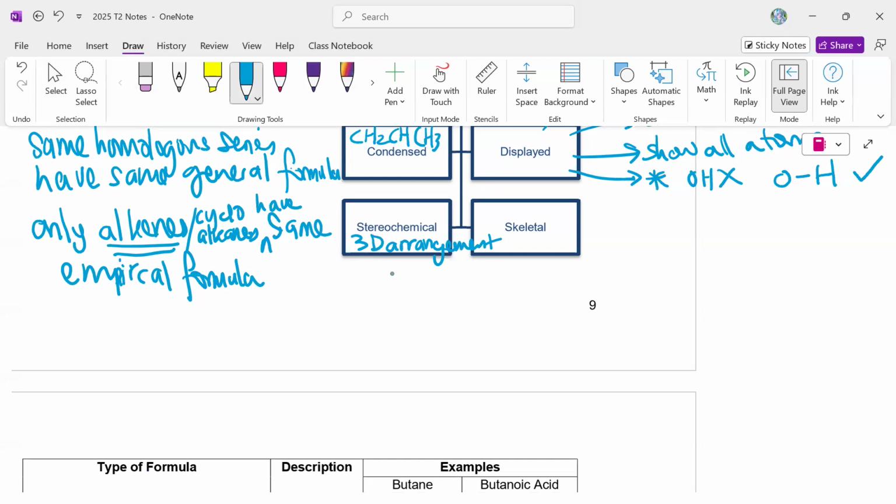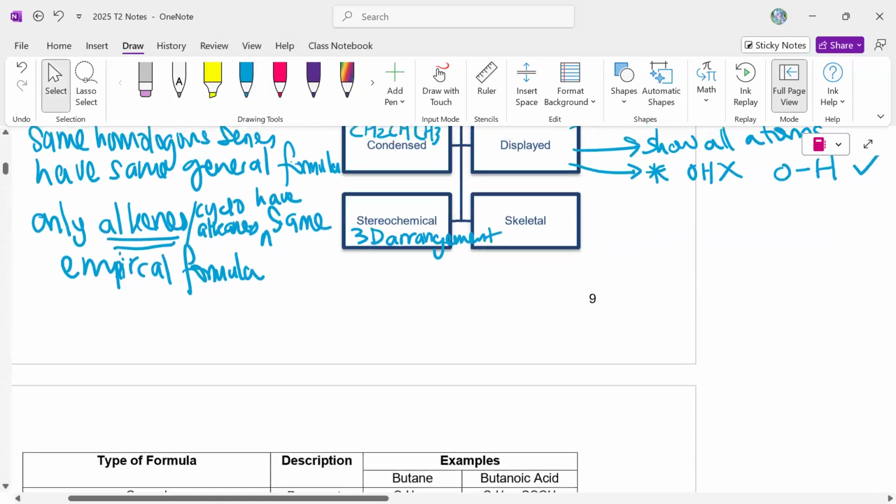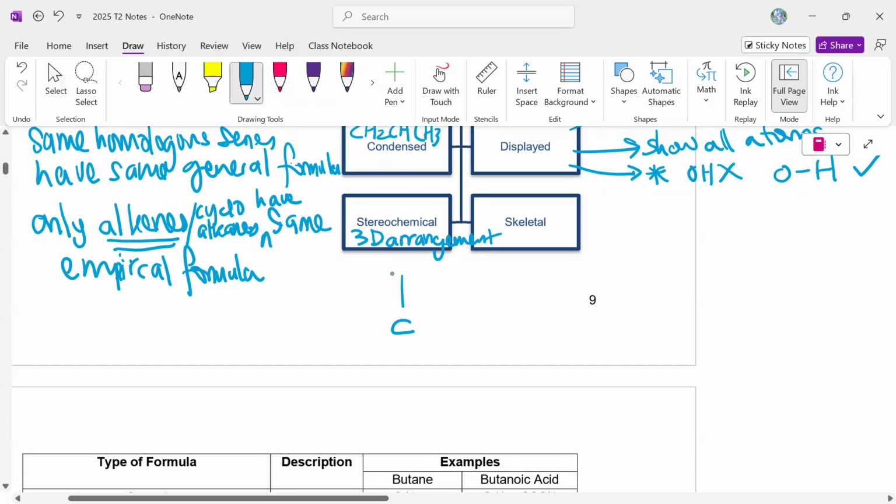So when we're drawing a stereochemical structural formula, we're showing the 3D arrangement, visualizing the bonds that are sticking out of the plane, and the bonds that are sticking out from the back of the plane. So therefore we will have drawings that look like this.